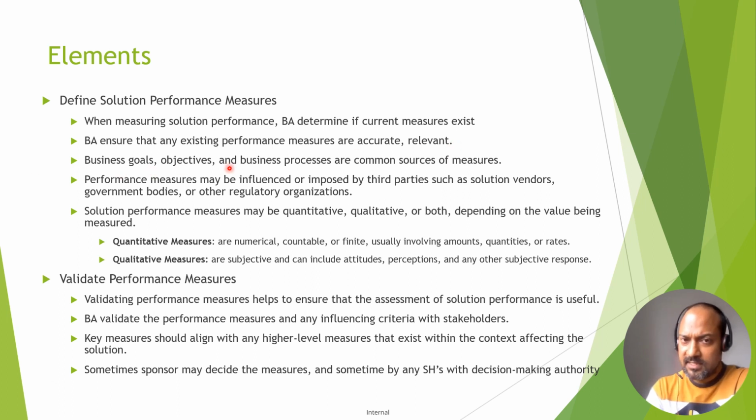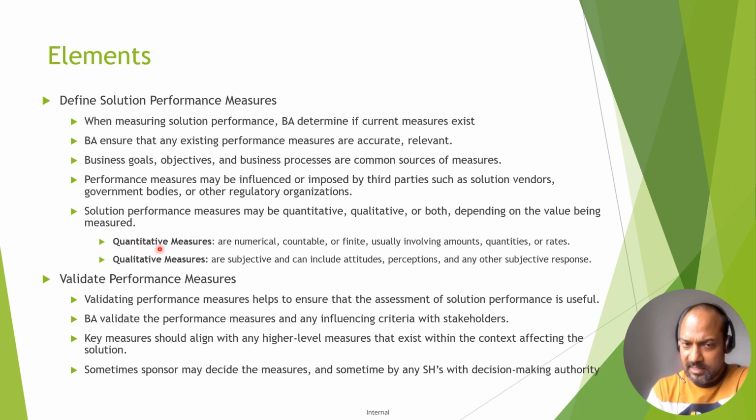Business goals, objectives and business processes are common sources of measures. Performance measures may be influenced or imposed by third parties such as solution vendors, government bodies, or other regulatory organizations. Solution performance measures may be quantitative, qualitative, or both, depending on the value being measured.